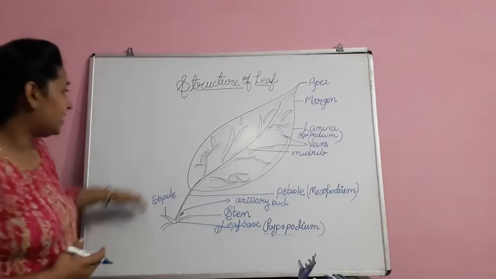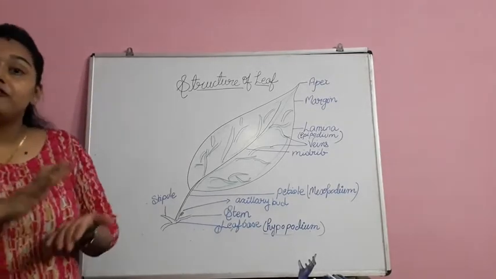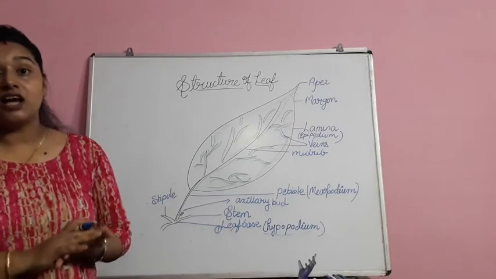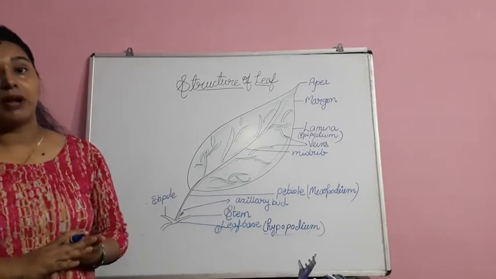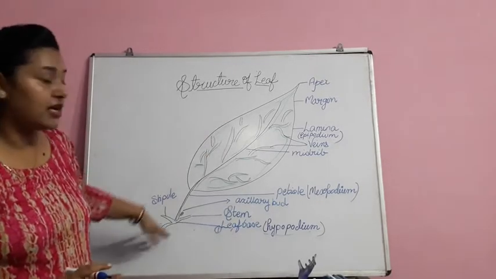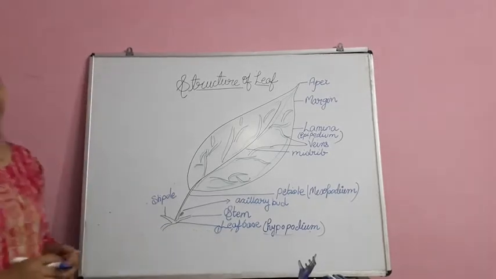If you see this leaf structure, you will come to know that the leaf is actually a flattened surface. It is an appendage which is present on a plant or a tree. This appendage has different parts in it. Let's start with the first part, that is called the leaf base.